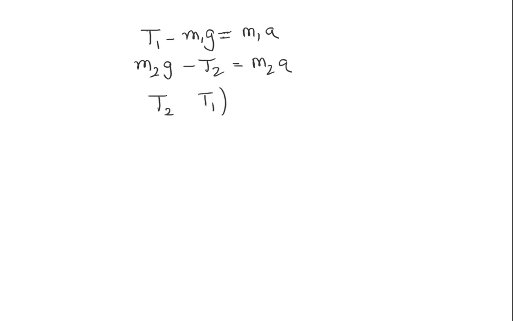Let's say तो पहला इक्वेशन है मेरे पास T1 minus M1G is equal to M1A. दूसरा इक्वेशन है मेरे पास M2G minus T2 is equal to M2A. उसके बाद मेरे पास इक्वेशन है (T2 minus T1)R is equal to MR square by 2 into alpha. चौथा इक्वेशन है मेरे पास A is equal to R alpha.